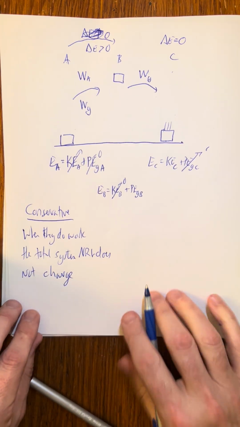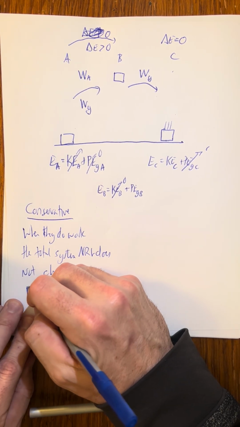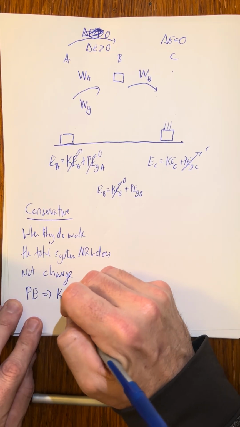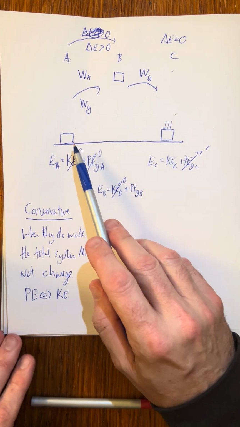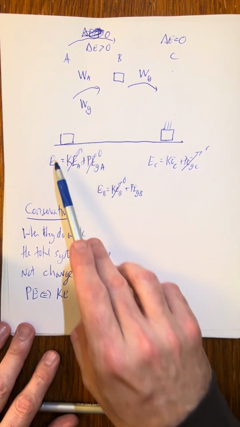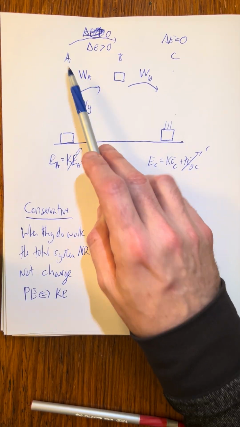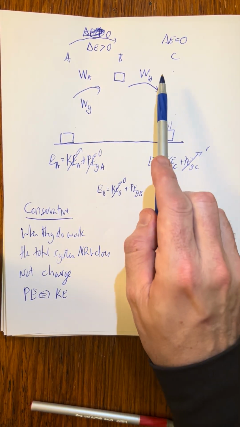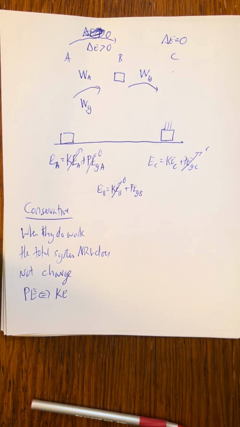Instead, the work done by these conservative forces turns either potential energy into kinetic energy or kinetic energy into potential energy. Here, as I'm trying to lift this object, gravity is taking the kinetic energy I should be gaining going up to A and turning it into potential energy. And then when I let it go, the potential energy here is being turned into kinetic energy.